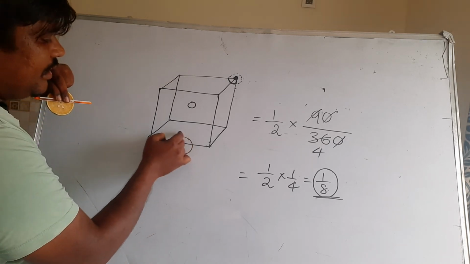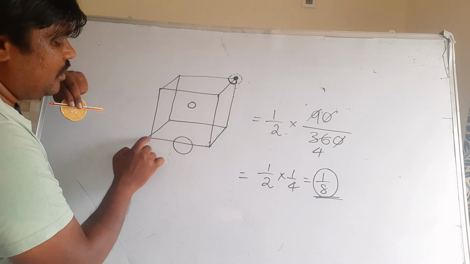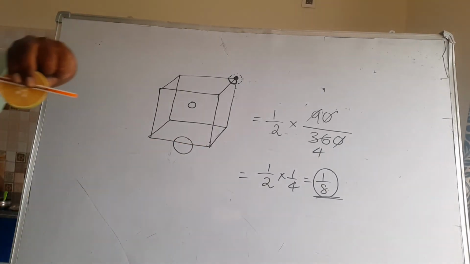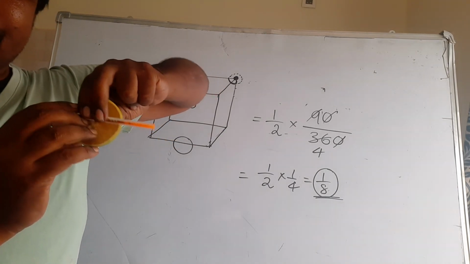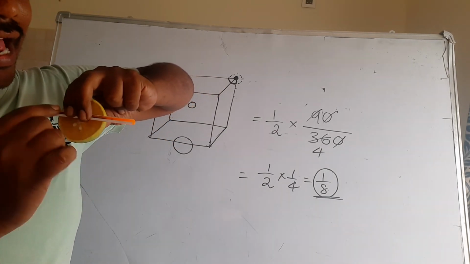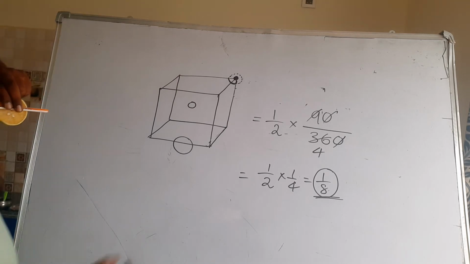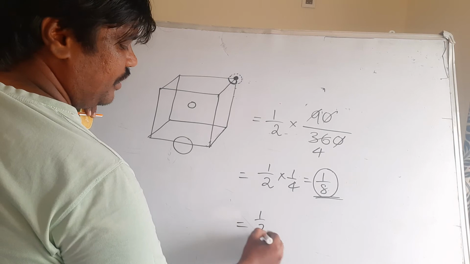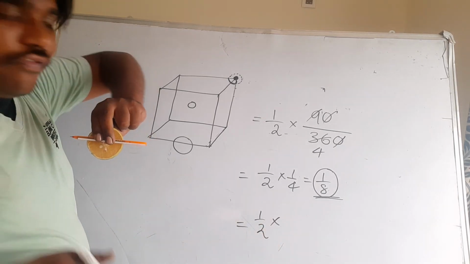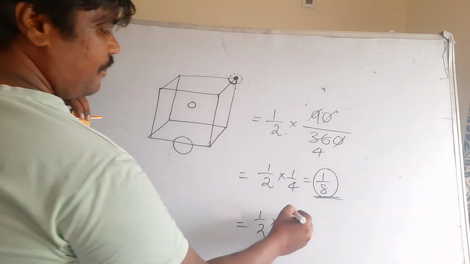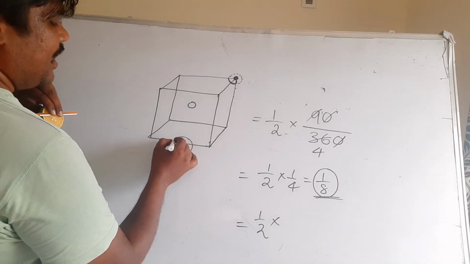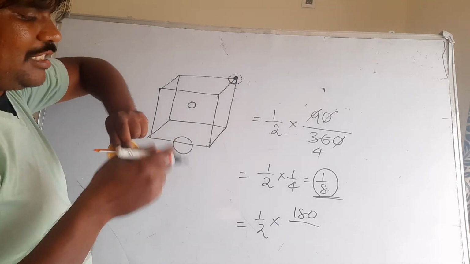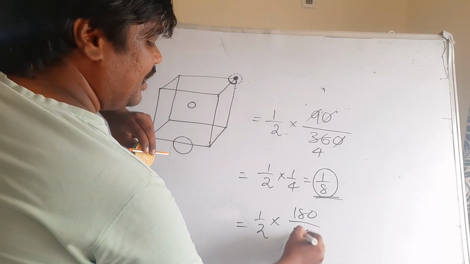Here the contribution of an edge lattice point is half into the angle ratio: the angle maintained around the straight line is 180, divided by the total angle at the center of the lattice point, which is 360.